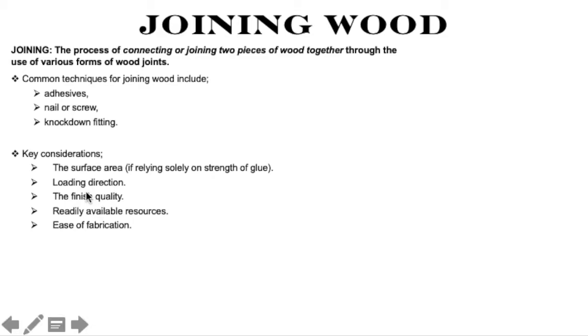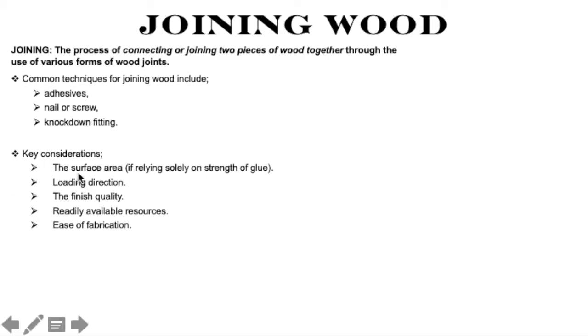The second important thing that I have here is the loading direction. Depending on where the product is going to be applied, and if it's going to carry weight, additional weight, or its own weight, you need to bear that in mind.